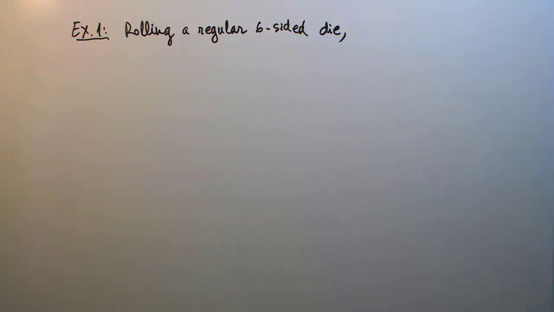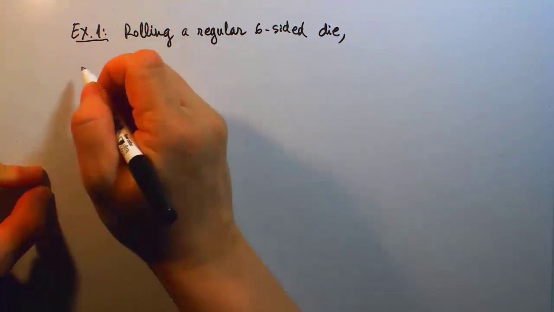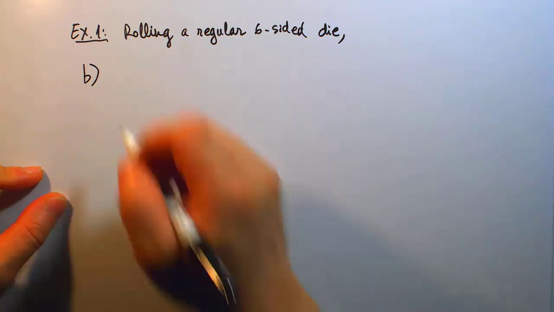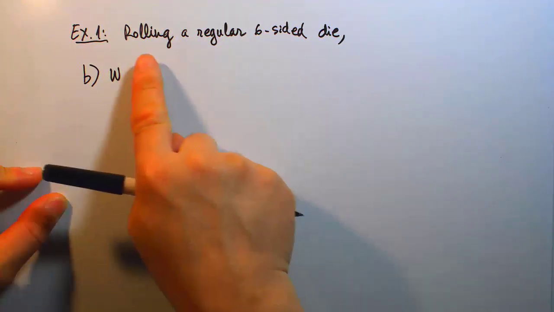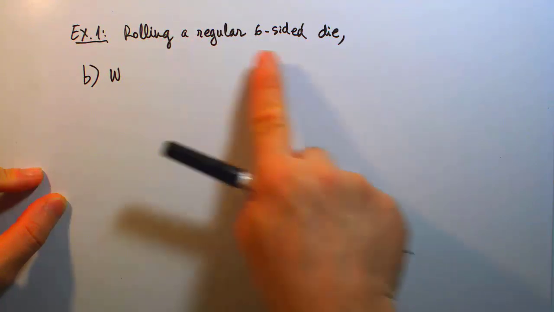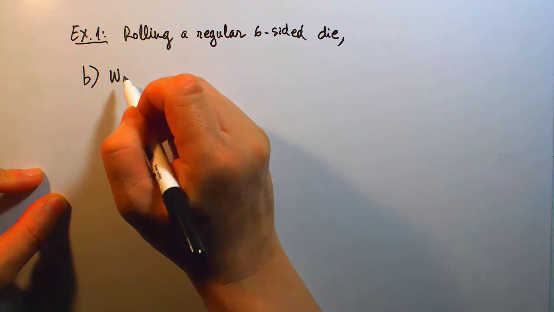All right, same example 1, but now we are ready for part B. After rolling a regular 6-sided die, we've learned previously that this is an experiment, and it generates for us 6 outcomes in our sample space.